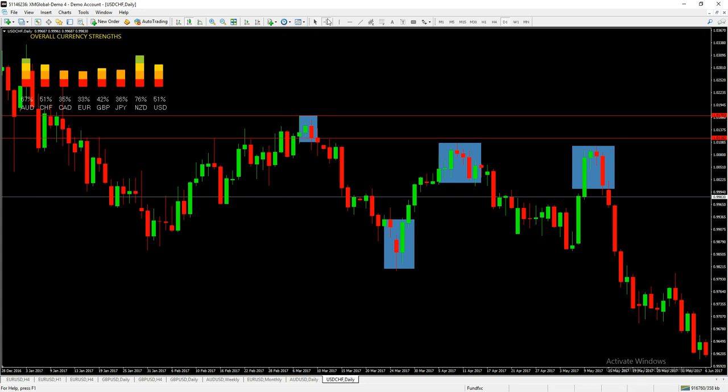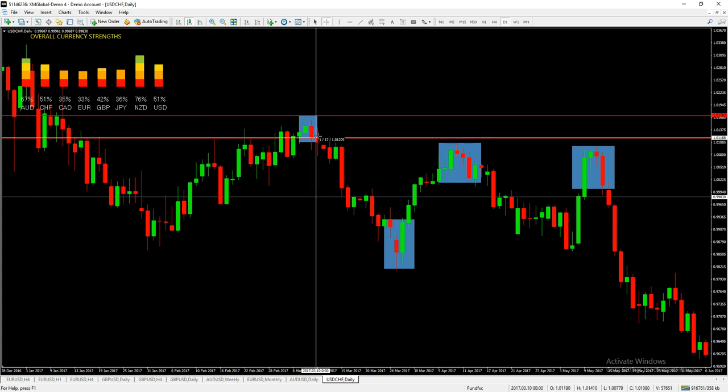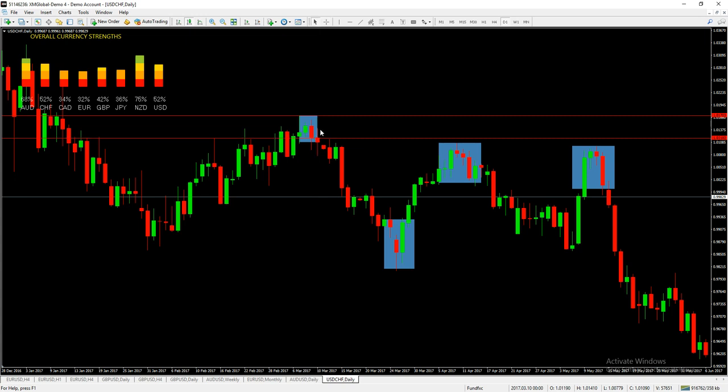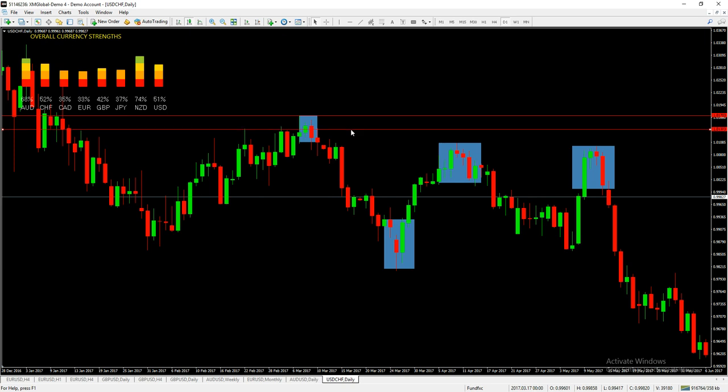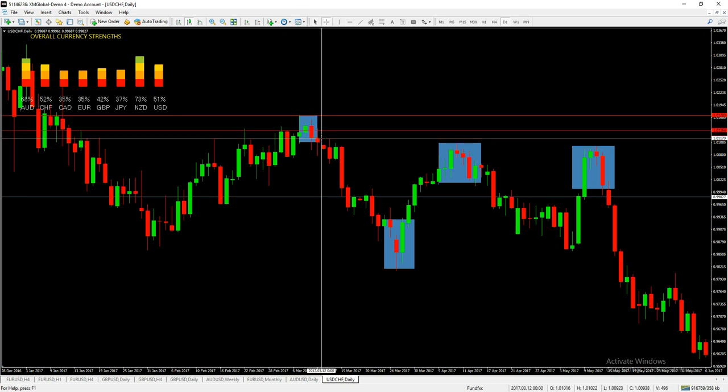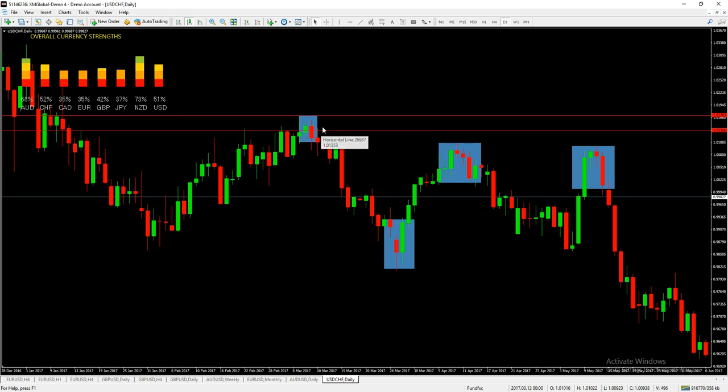Now with a 50% entry rule, you get a retracement, and then your entry would now be over here, with your stop loss at the same position as before. You see the difference of these two gives you a difference of 20 pips. So essentially you got a 20 pip discount on that amount.